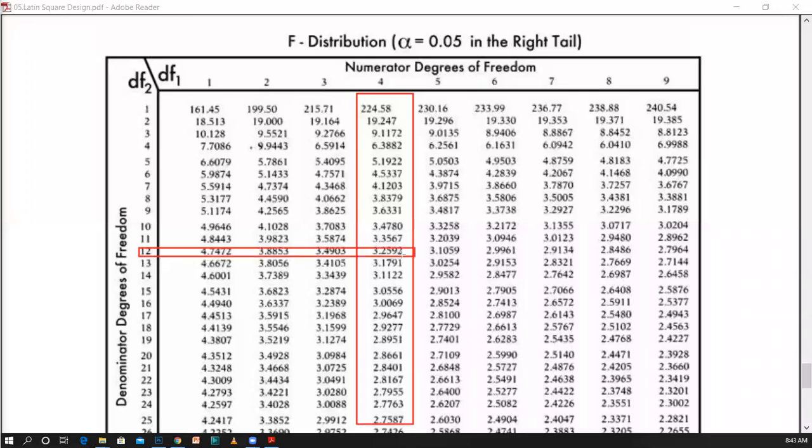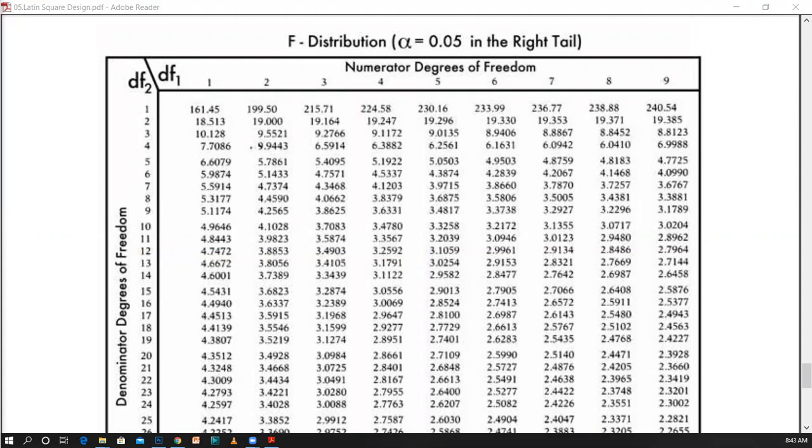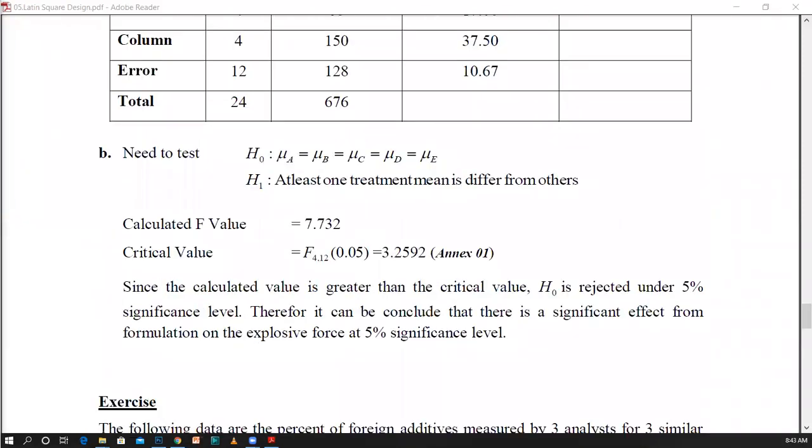Now you can see the appropriate value for this is 3.2592. The value is 3.2592. Then we can write it as the table value.